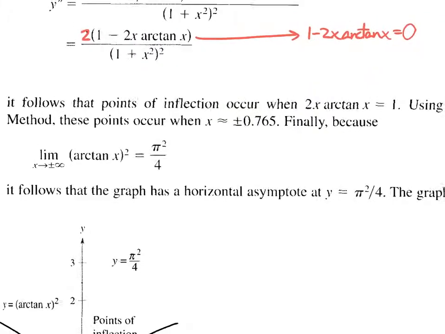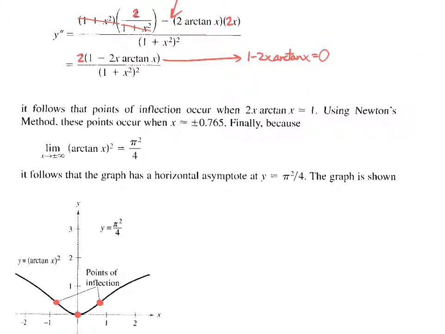Then if we take the limit, if we look at what's going on with those values, it's going to be approaching pi squared over 4. Arctangent squared is going to approach pi over 2 squared, or pi squared over 4. Think about the range of arctangent.